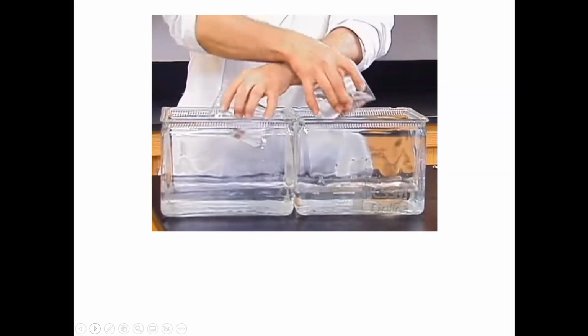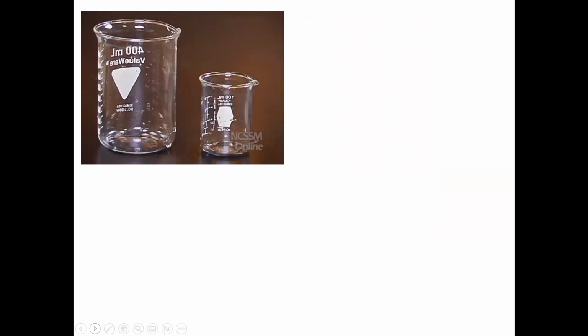Notice that our beakers are the same size. Because they're the same size, they end up transferring the same amount of water. So eventually they reach dynamic equilibrium, where the reaction rates are the same. We're transferring water at the same time, but notice here that the water levels are also the same. This would be different if we were using two different size beakers. If we were using a 400 milliliter beaker and a 100 milliliter beaker, whichever one is using the 100 milliliter beaker is going to be transferring less water than the 400 milliliter beaker.